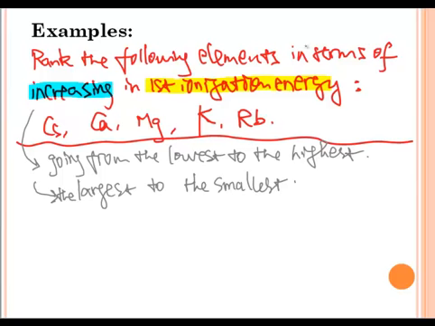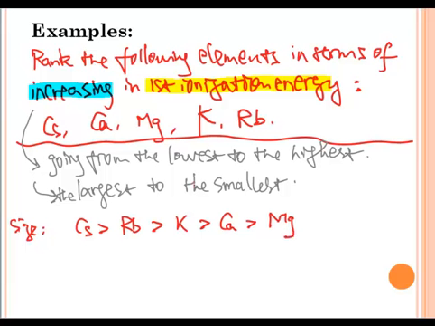So then in terms of size, cesium is greater than rubidium, rubidium is greater than potassium, potassium is greater than calcium, calcium is greater than magnesium.